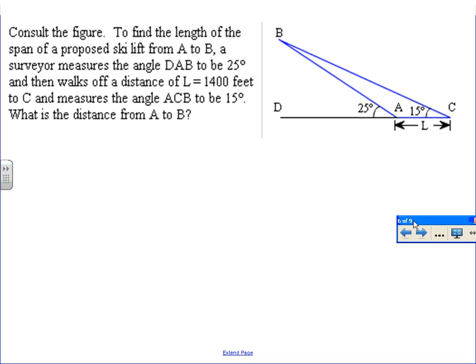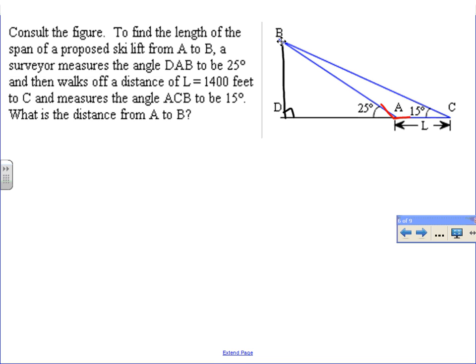Okay, now let's fill in some stuff here. You notice we definitely have some triangles here. Now we might have to make a right triangle, drawing that altitude straight down. But you should see an angle that you can find here. This one right here, 180 minus 25, because they form a straight line.